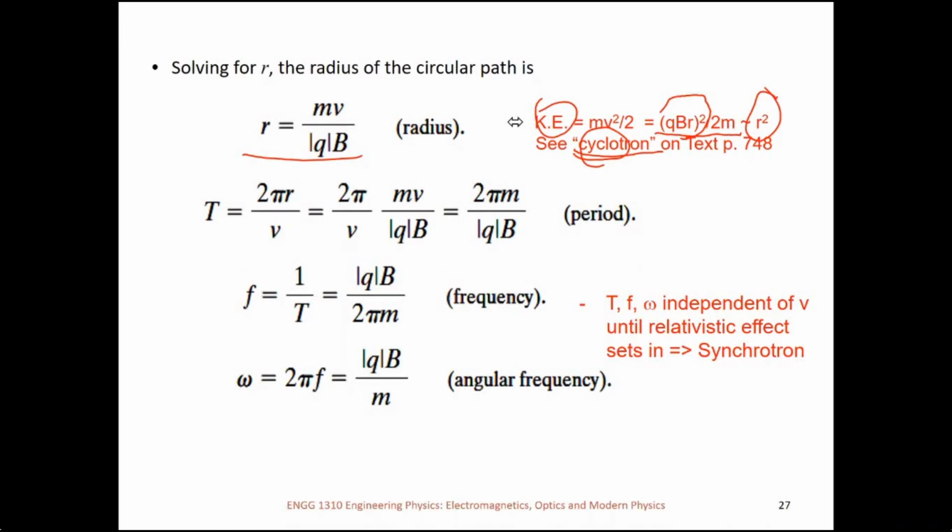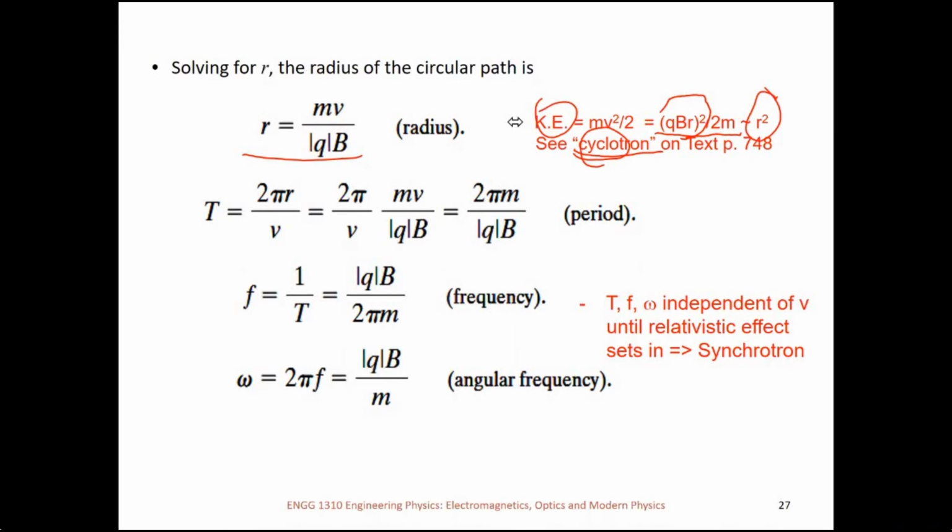Tron means electron, so this basically means the rotational electron. And why do we need them to have high energy? Because in some state-of-the-art physics studies, you need high-energy particles to provide enough energy for the reactions between nuclear atoms.